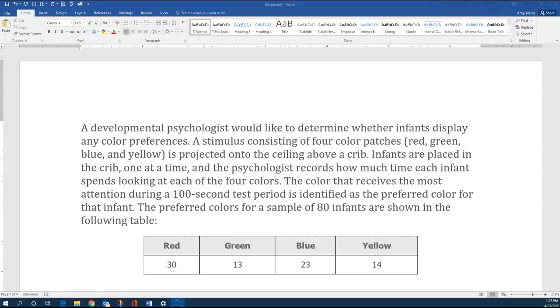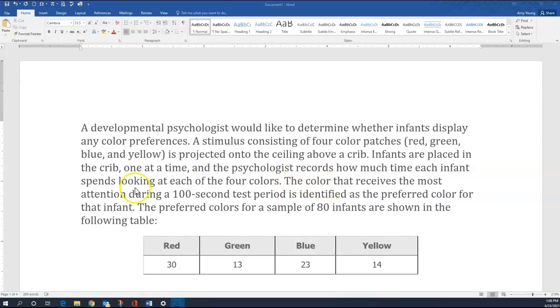It says a developmental psychologist would like to determine whether infants display any color preferences. A stimulus consisting of 4 color patches, red, green, blue, and yellow, is projected onto the ceiling above the crib. Infants are placed in the crib one at a time, and the psychologist records how much time each infant spends looking at each of the 4 colors.